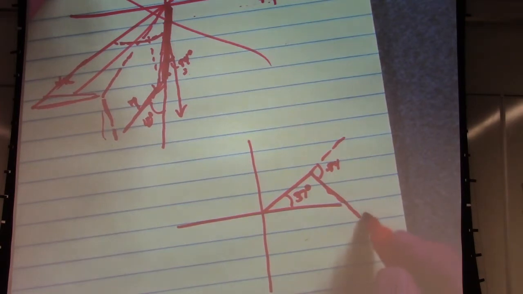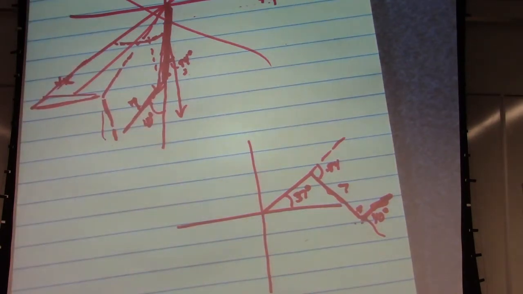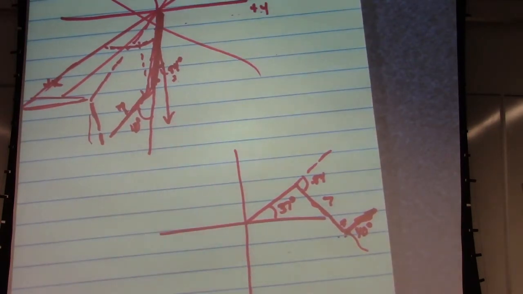And then we would have 7 units running off here at 40 degrees. So in fact, I'm sorry, we would have a length of 7 here, and the frame attached to the end effector would be rotated by 40 degrees. That makes sense? I apologize about that, I'm not quite sure what I was thinking on the previous example there.